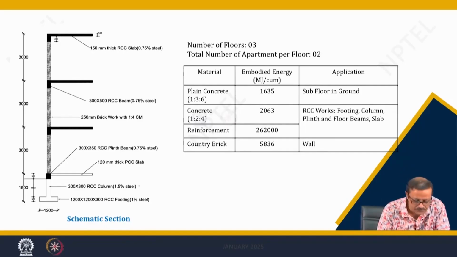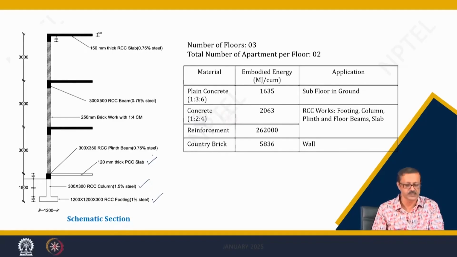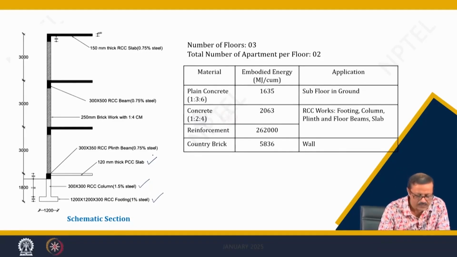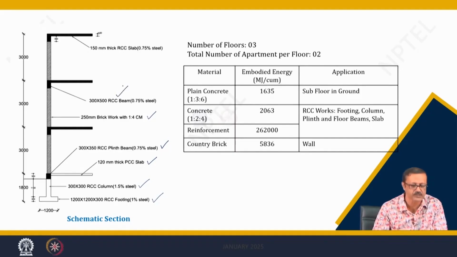As I have mentioned here, if you see in the section, the footing has 1% steel. We have a 120 mm thick PCC base slab. It has a 300 by 350 plinth beam, a 250 mm brickwork, and floor beams of 300 by 500.